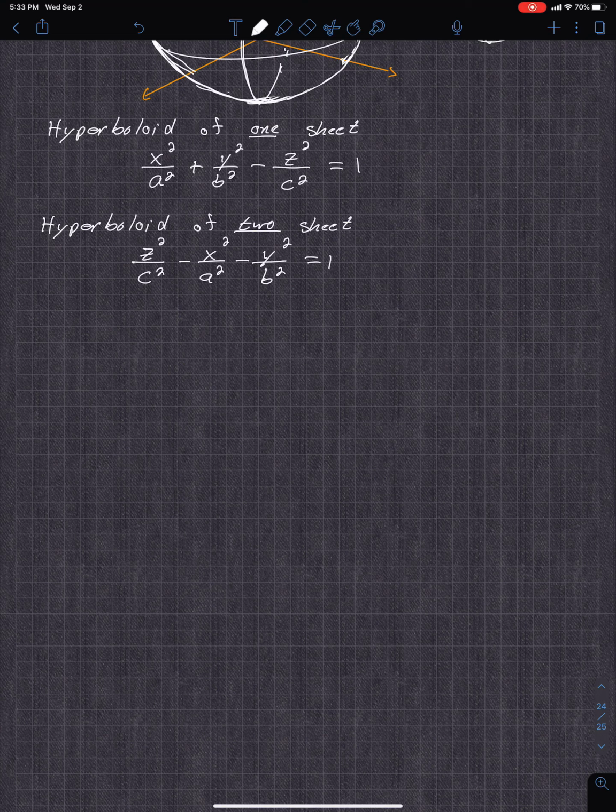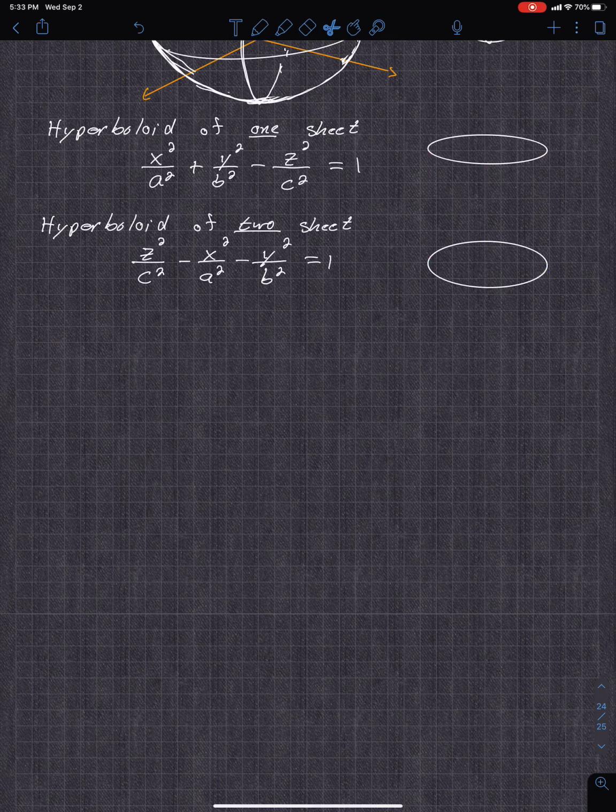And so hyperboloid of one sheet looks like this. Basically, the sides are hyperbolas. I'll show you. It looks like this. This time I'm going to draw it where you do those ellipses. So you can copy that and then paste it. So that's like, oh, I just messed that up. Close enough.